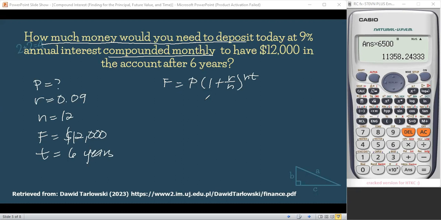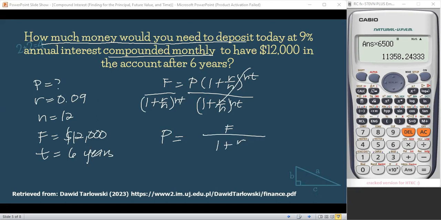We need to derive the formula from this original formula by dividing both sides by 1 plus R over N raised to NT. So, makakancel siya. So, our formula now is F all over 1 plus R over N quantity NT.